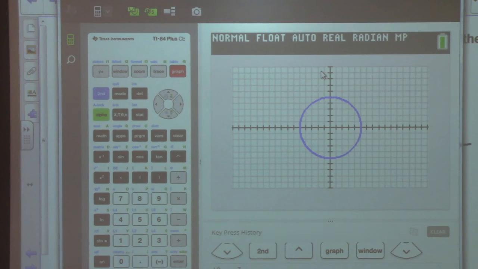Participation. All right. Okay, number 24.